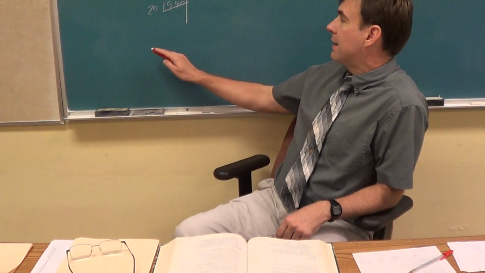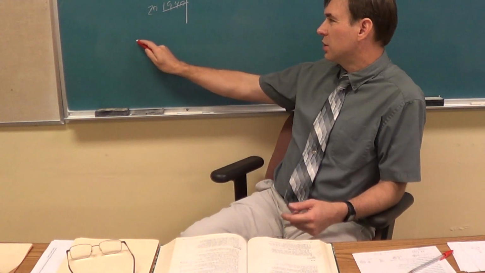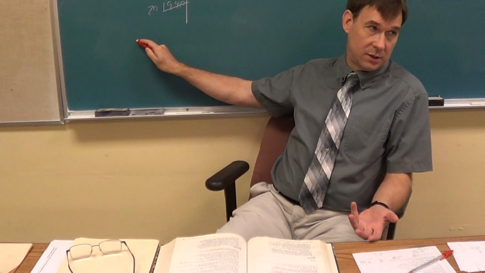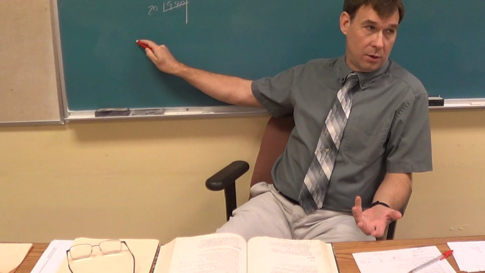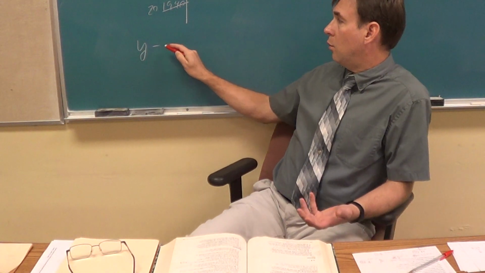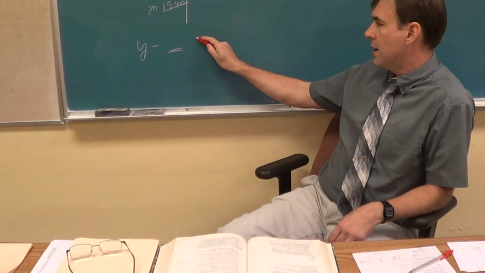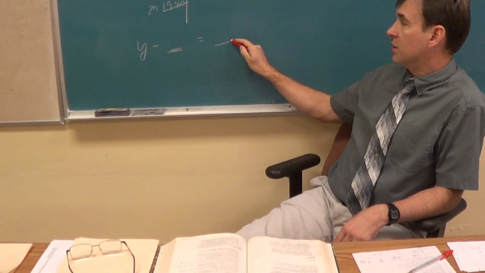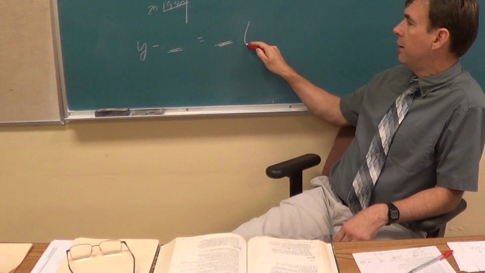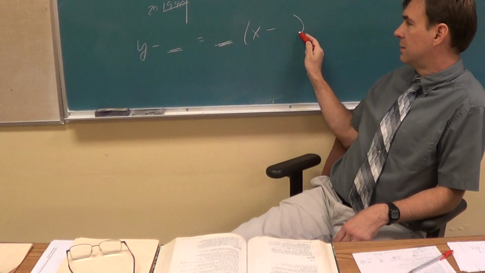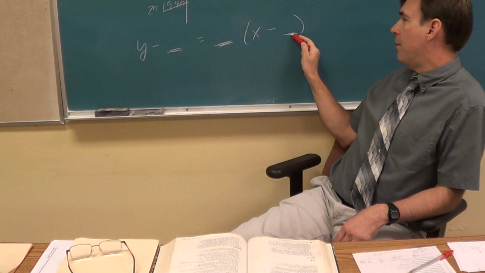But how we're getting to that point is writing an equation. What do we use to write equations all the time? How do we do it? y minus a number that they would give you, one of those data point numbers, equals the slope, which we all just agreed on, times x minus some kind of number they give you.